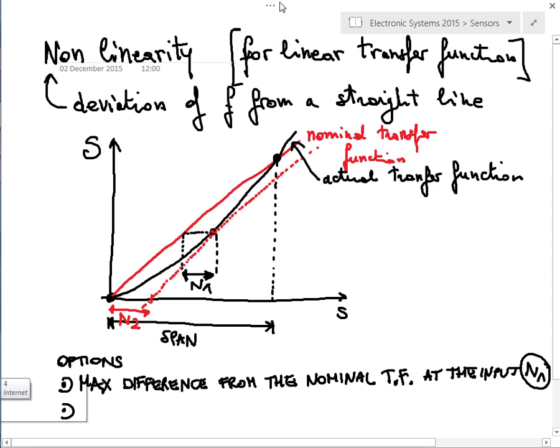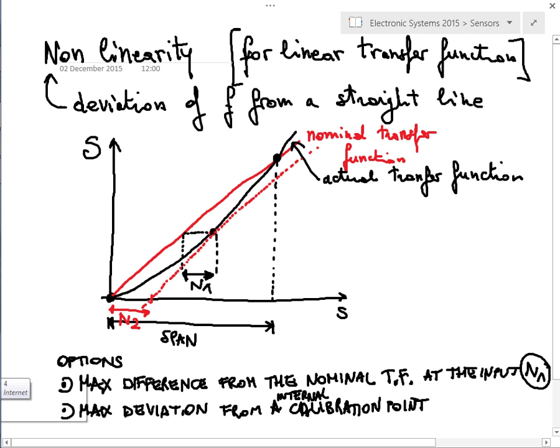In this case it would be the max deviation from a calibration point, let's call it an internal calibration point. Okay. This is a very typical situation.